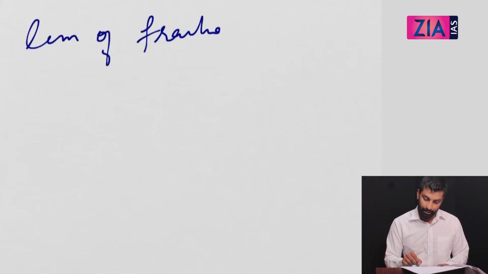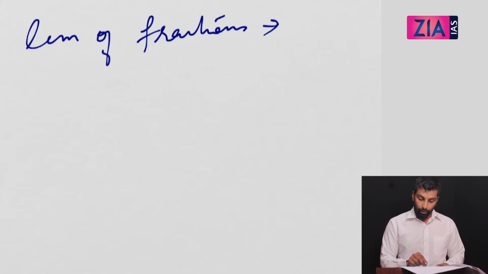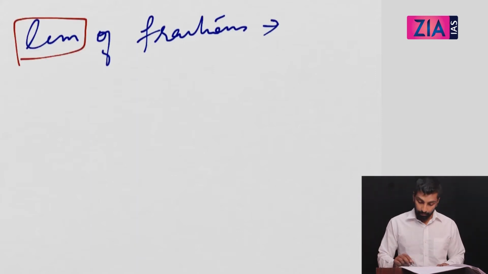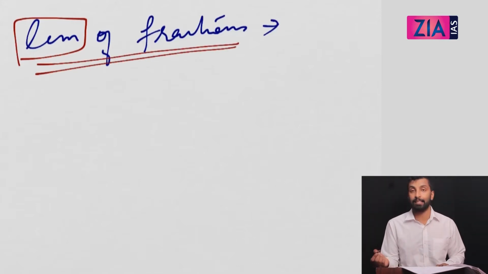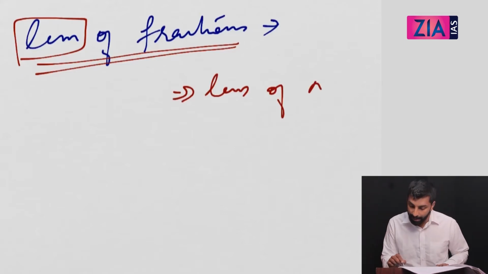LCM of fractions. So what is required to find out LCM? In your answer also, fractions mean numerator and denominator. So in your answer also there will be numerator and denominator, right? So in numerator what will come, in denominator what will come is what you need to know. In numerator it will be LCM of numerators.